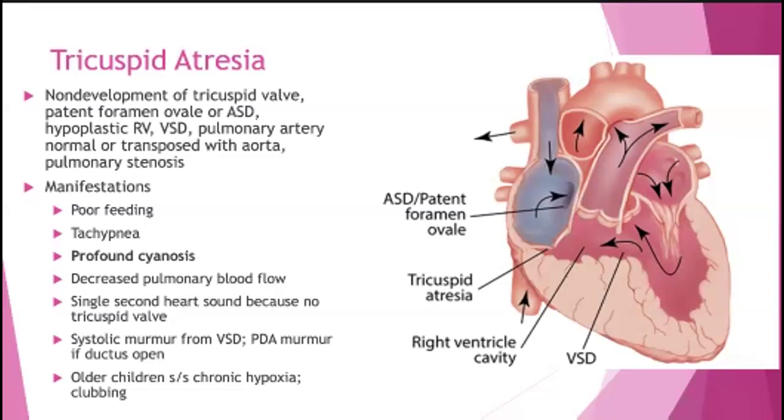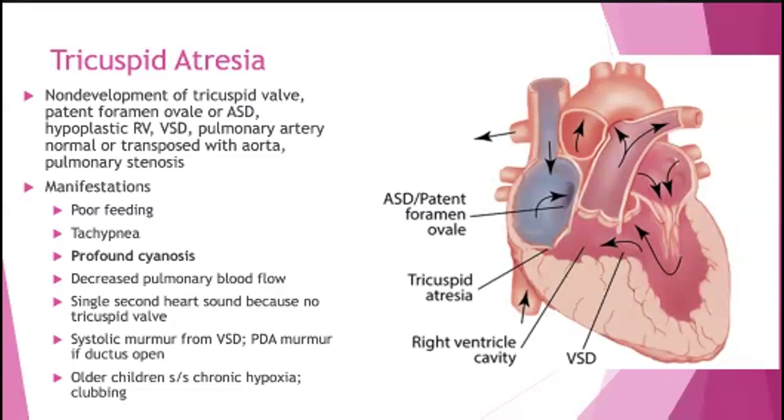It must pass through an ASD or a patent foramen ovale into the left atrium. From there, blood mixes, so we get oxygenated and deoxygenated blood, and goes into the left ventricle. To get blood to the lungs, the baby usually needs a VSD or a PDA so that blood can reach the pulmonary artery. Mixing is essential for survival.